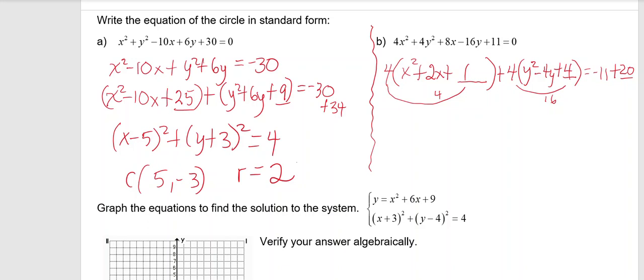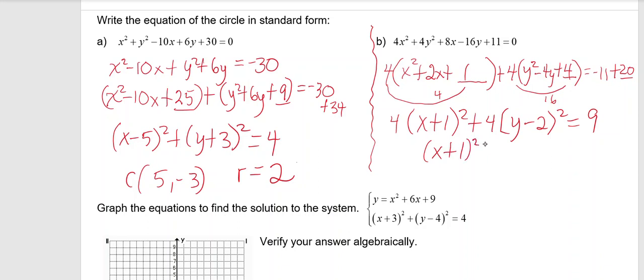All right, so let's go ahead and factor these trinomials. We got x plus 1 squared and y minus 2 squared, and negative 11 plus 20 is 9. So now we got to divide both sides by 4. And finally, we're going to have x plus 1 squared, oops, let me not forget my 4.